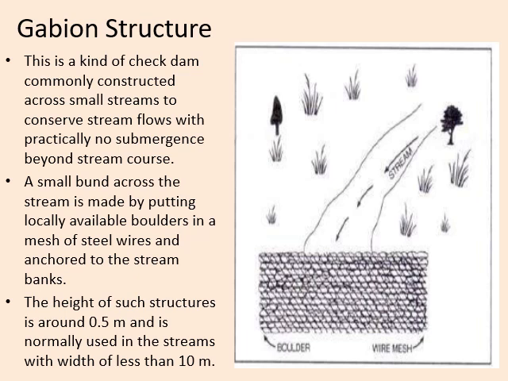It is commonly constructed across a small, narrow stream to conserve stream flows with practically no submergence beyond the stream course. As you can see in the diagram, a small bund is constructed across the stream using locally available boulders in a mesh of steel wire and anchored to the stream banks.